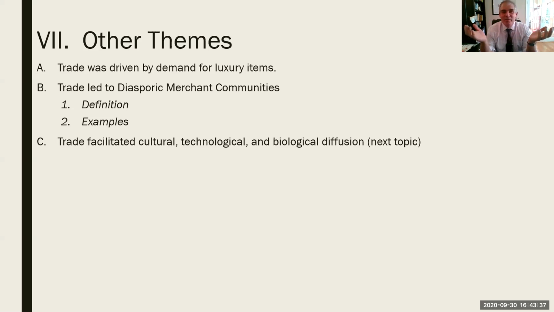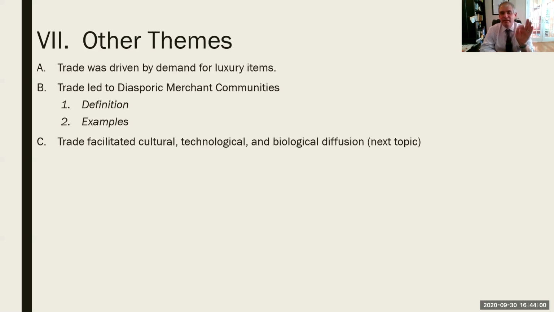That's the primary example. There are plenty of Muslim diasporic communities. The Jews coming into the Mediterranean is another example of a diasporic merchant community. You also have Chinese merchants throughout Southeast Asia. You have these merchants living outside their homeland.